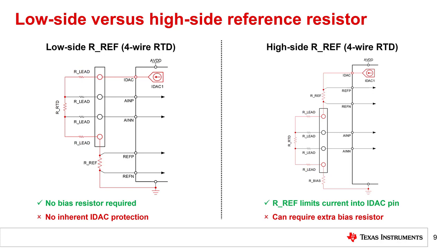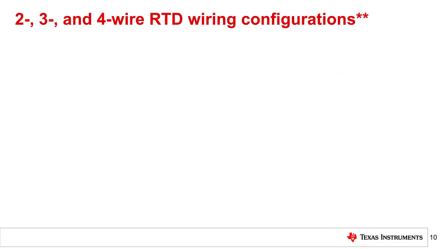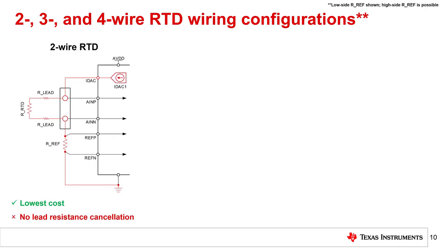Next, let's discuss the different RTD wiring configurations. As noted in a previous Precision Labs module, there are 3 common RTD configurations. The first RTD wiring configuration is the 2-wire RTD shown on the left. This is the simplest and most cost-effective configuration. However, one important characteristic of an RTD is that each RTD wire has some lead resistance, R lead.